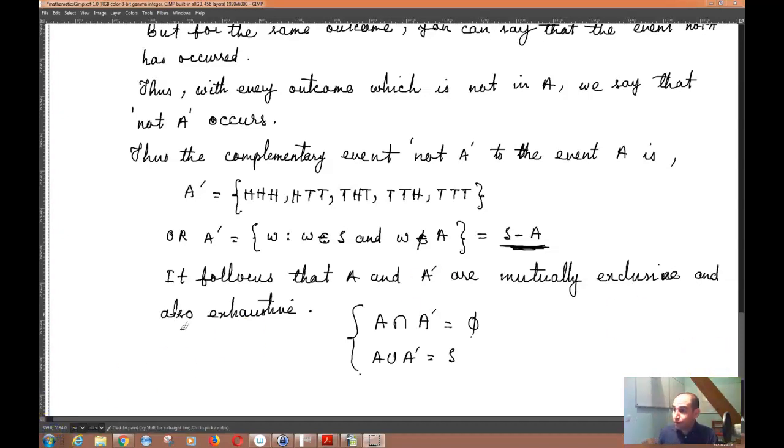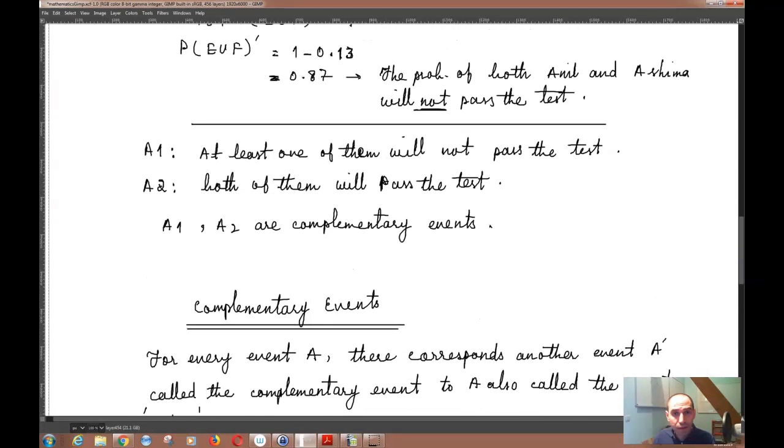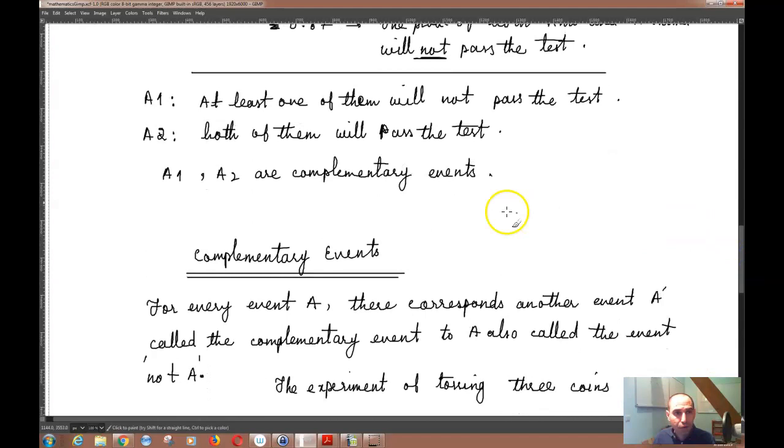Okay, so now, based on the concept of complementary events, let's go and solve the second part of this problem. We said that at least one of them will not pass the test, right?